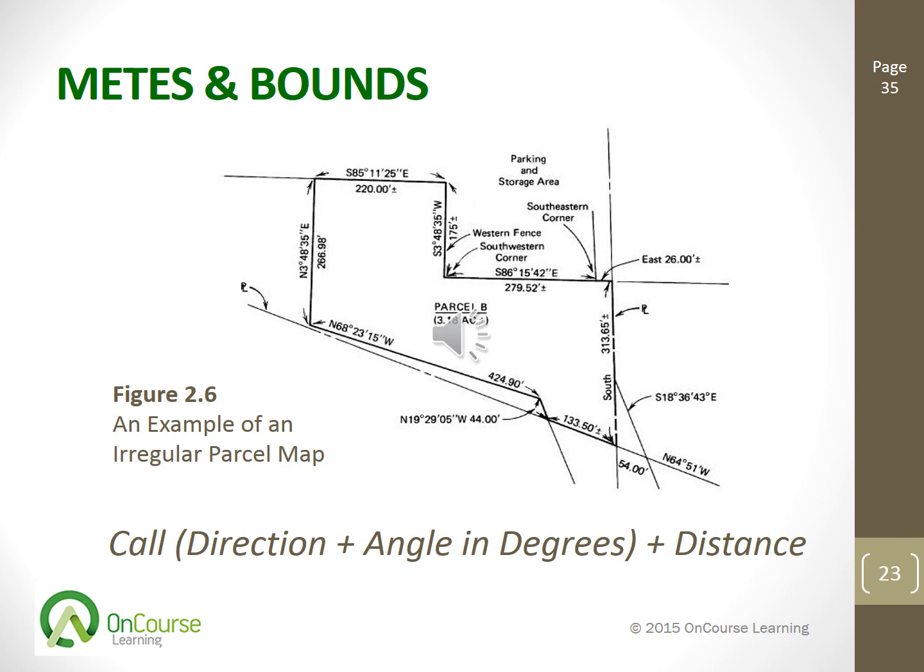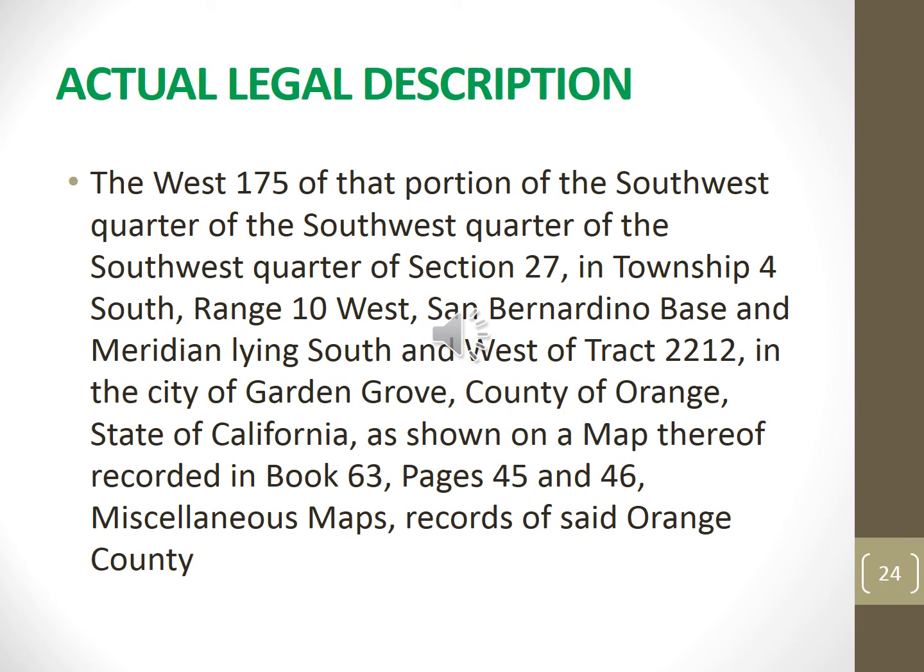Next slide, please. Just for the fun of it, I spotted this actual legal description a few years ago and put it in my archives for use for the course.